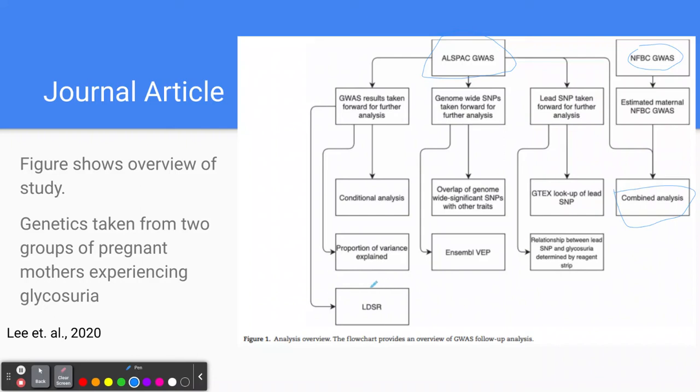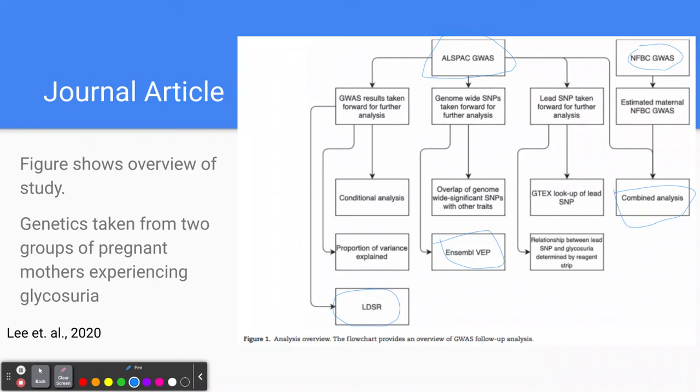Some other things that we can gather from this. First, this LDSR stands for linkage disequilibrium score regression. That was particularly done on the first group. And we also have an Ensembl VEP, which was essentially functional informatics, where we looked at non-coding variants.